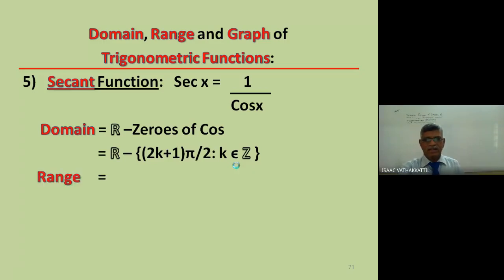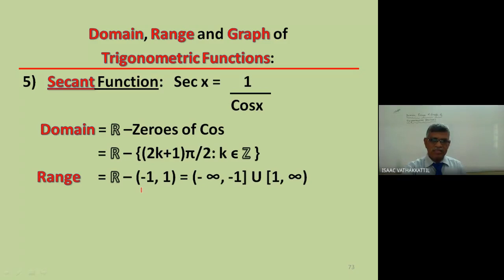Okay? And now the range, sec x. Can you tell me the range? Sec x can be either less than or equal to minus 1 or more than or equal to 1. So the range I can say R minus the open interval minus 1 to 1, which is as good as minus infinity to minus 1.